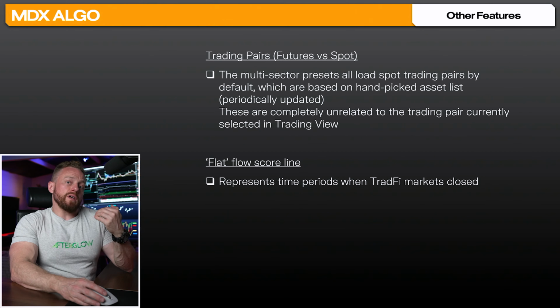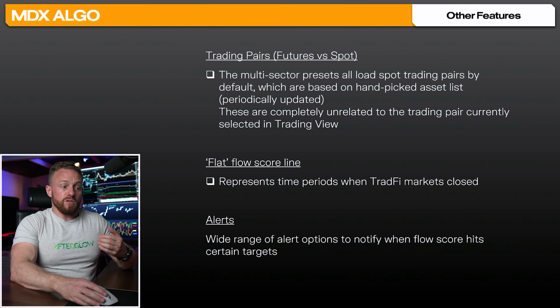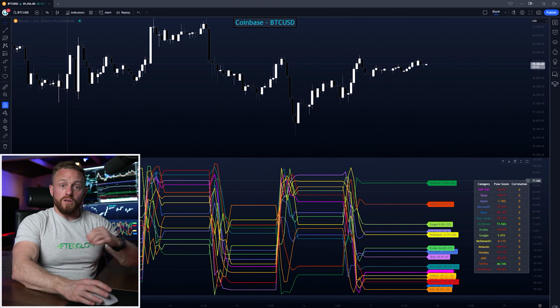Also, if you're looking at the TradFi assets, like say equities, then you may notice a flat line on the indicator, which represents times when those markets are closed. And lastly, there are some quite useful alerts features, which we'll take a look at.